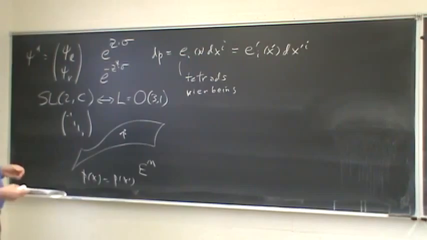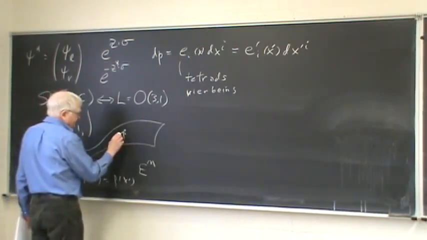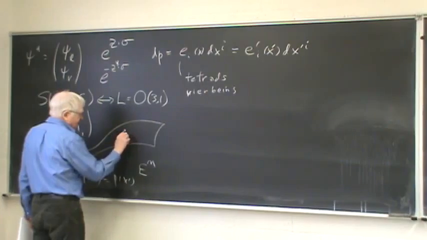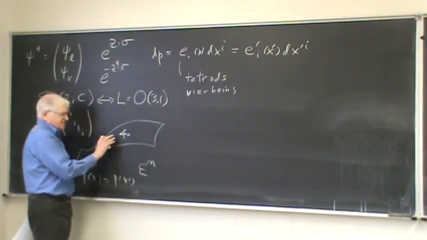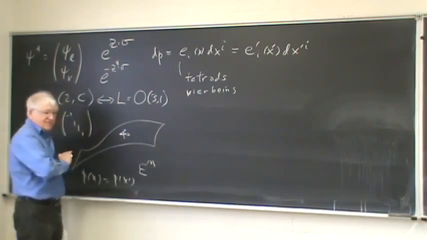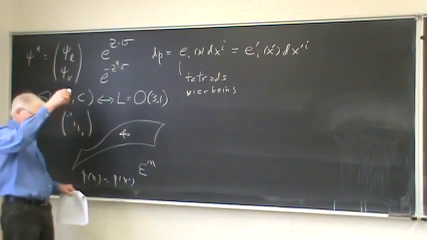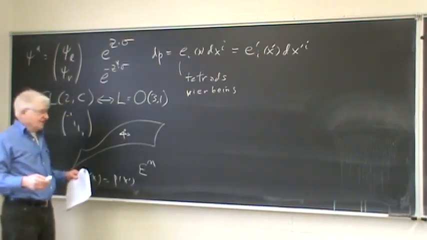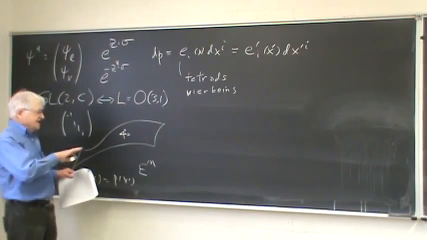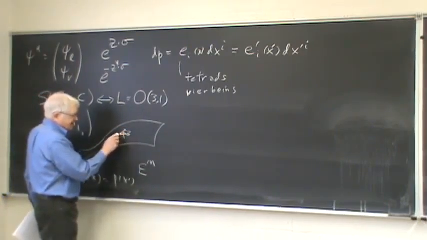Anyway, so what are these tetrads? These guys are vectors that span a tangent space. And in this picture there, in which space-time is just a two-dimensional surface moving in time, so it's a three-dimensional space rather than four-dimensional, the tetrads would span a two-dimensional tangent space at each point.